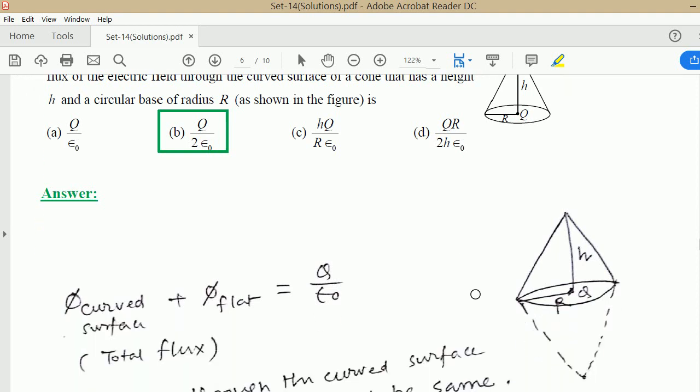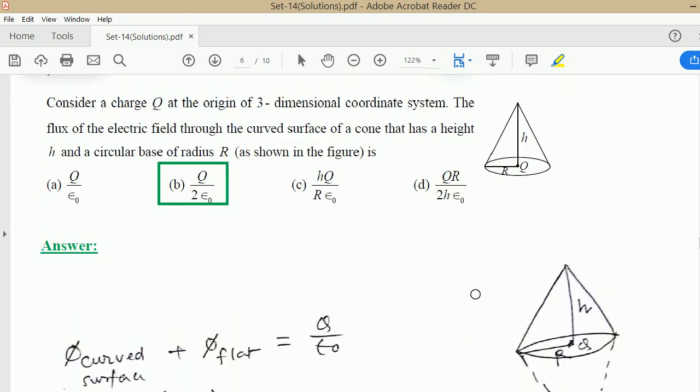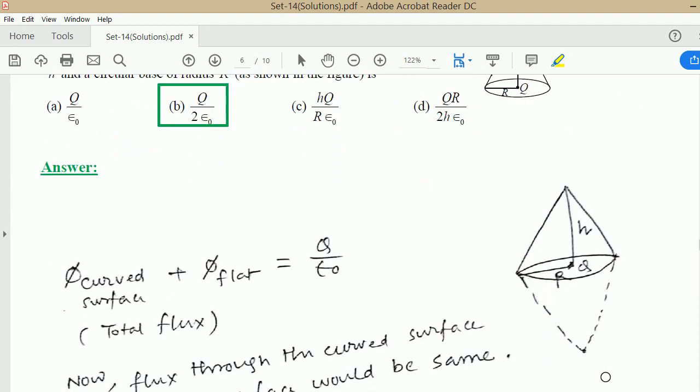According to Gauss theorem, the integral of E dot ds, the total flux, equals q by epsilon naught, the total charge by epsilon naught. So we are trying to provide a closed surface. So we are considering another cone like this. Now it is making a closed surface. The flux passing through this curved surface and this curved surface will be equal in magnitude.